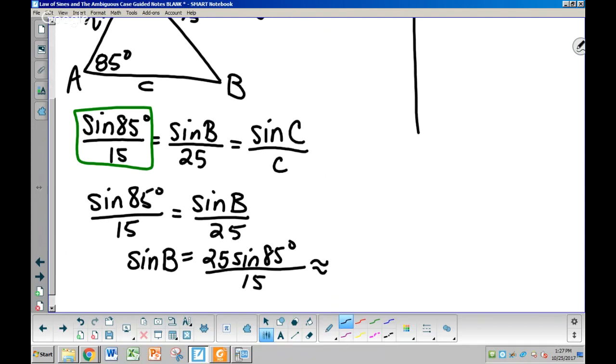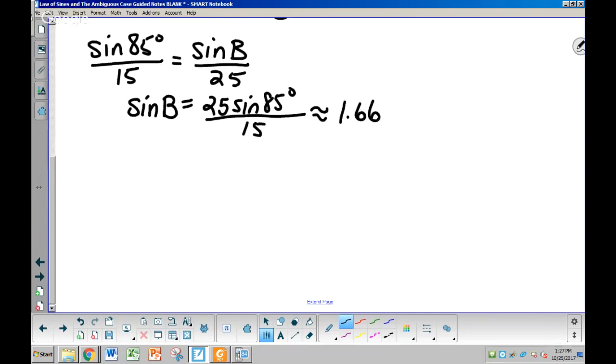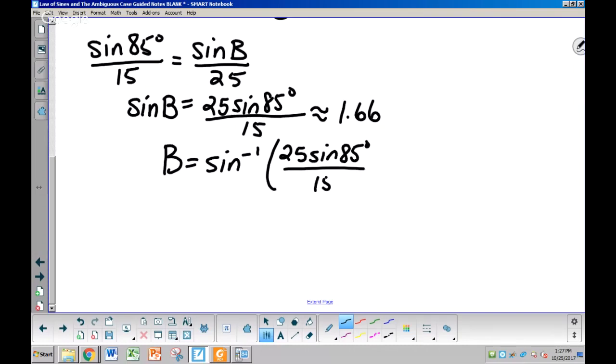Now what is this number? What is it? 1.66. What do we know right away? Can the sine of B equal a number that big? Now, let's see what happens on your calculator when you do the inverse sine. That's what you see when we have how many triangles as a possibility? 0.